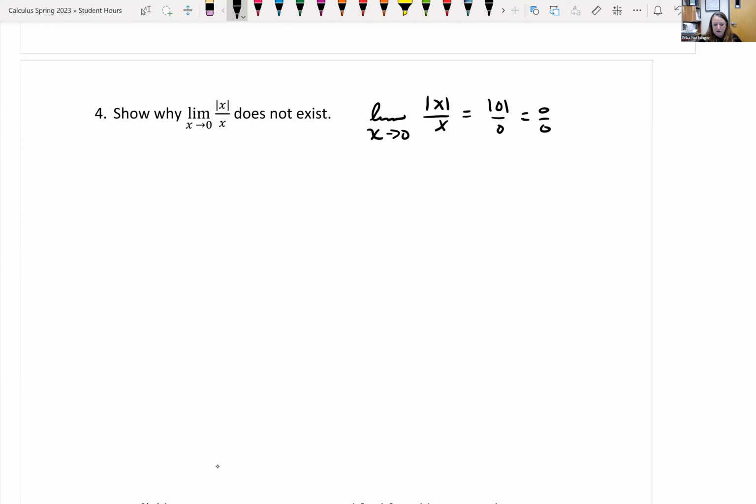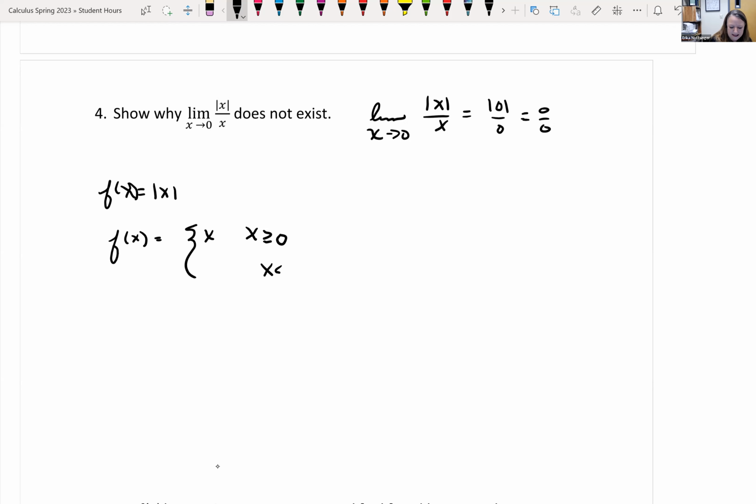Technically, the absolute value of x, that is a piecewise function. We can define, so let's say f of x equals the absolute value of x. Well, if x was positive or greater than or equal to 0, then whatever we plugged in the absolute value, we'd get the same thing back. It would just be x.